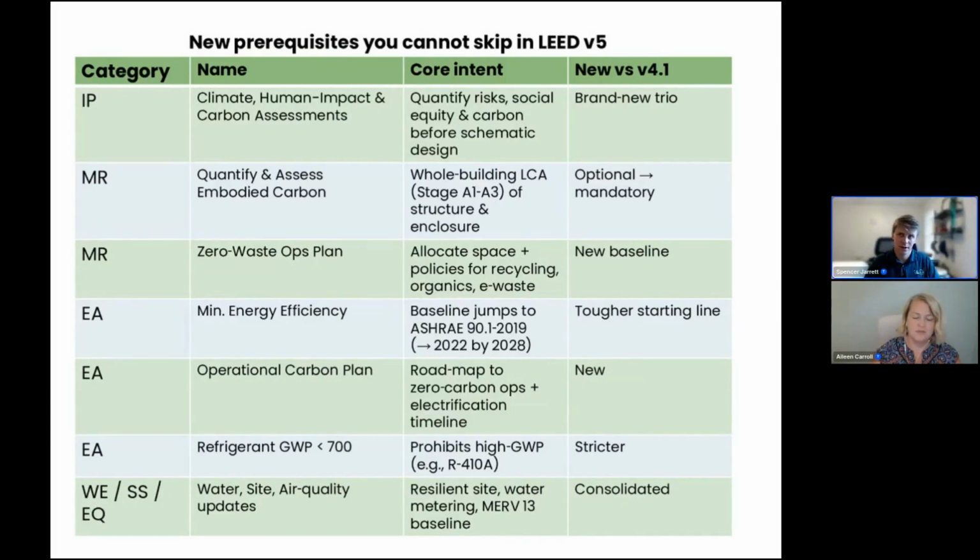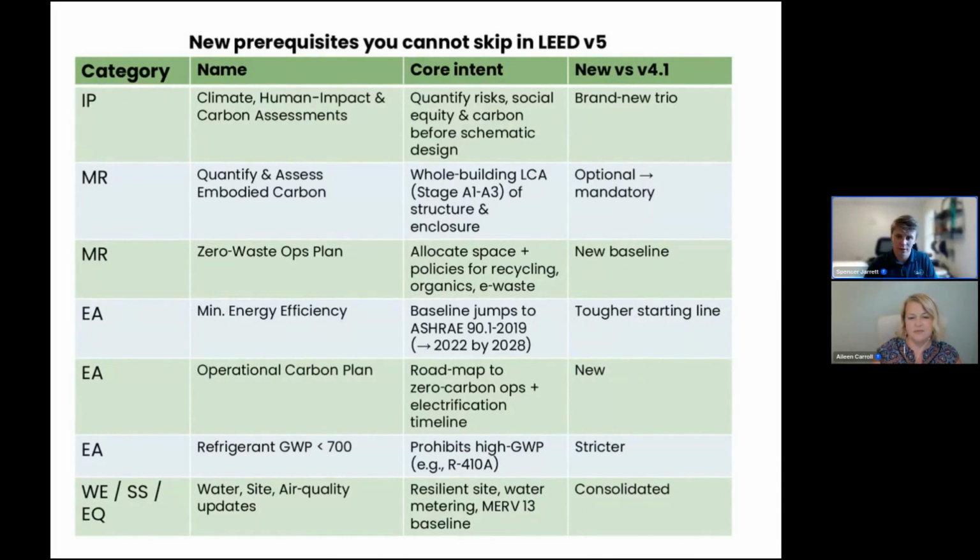So that's a quick overview on the new prerequisites. The top three there involve some level of embodied carbon assessment for the materials in terms of specifying them or in terms of how they are dealt with on site for recyclability or reuse.